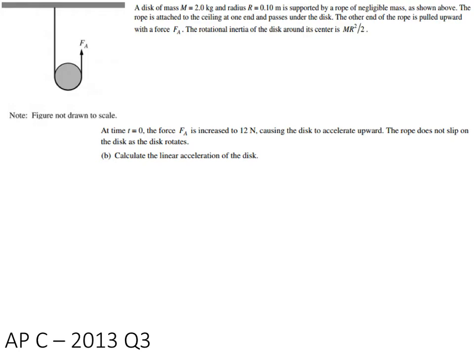It wants to know what is the linear acceleration of the disk. Well, now the disk is accelerating upwards and it's rotating. And the thing to realize is that, yes, even though we still have the force Fa here and we still have tension, they cannot be the same. Ft cannot be equal to Fa.